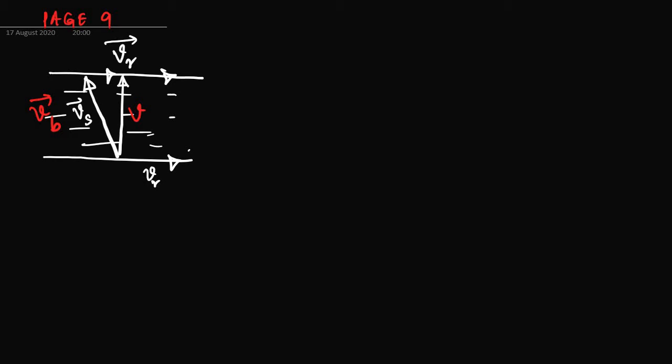If I say this red one is the resultant, it decides the net velocity, or resultant velocity, which you need to find out after seeing what VR is and what the velocity of the boat or the swimmer is.